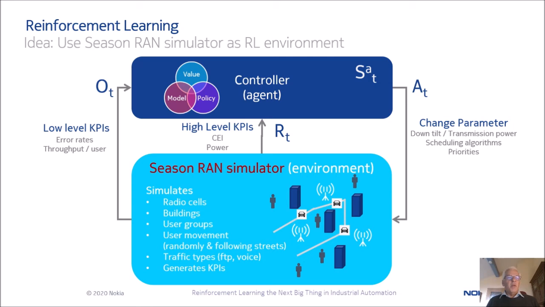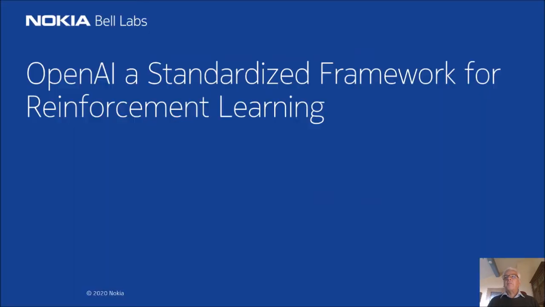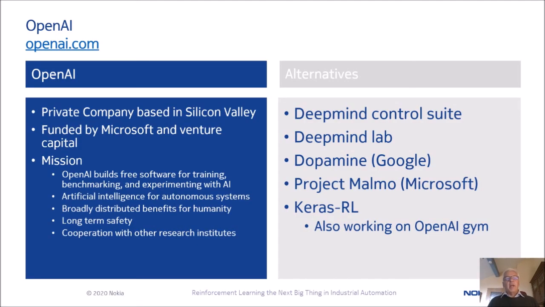So how can you now implement such a reinforcement learning controller? An interesting thing to look at is whether there is standardized software available which can already be used for that. An interesting candidate here is OpenAI. OpenAI is, first of all, a private company in Silicon Valley, funded by Microsoft and some venture capital.